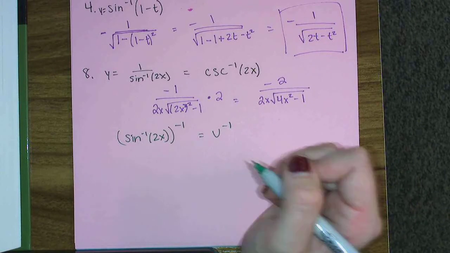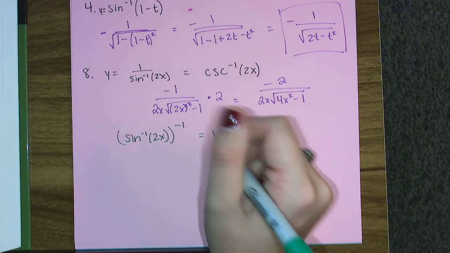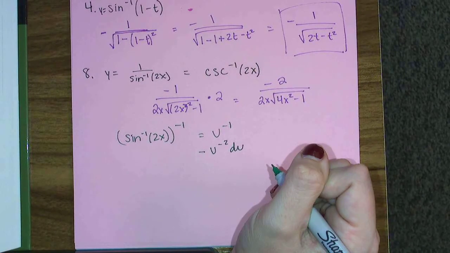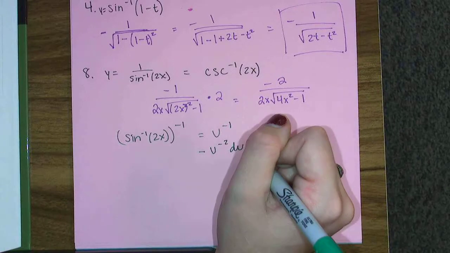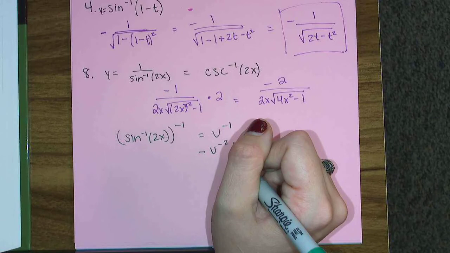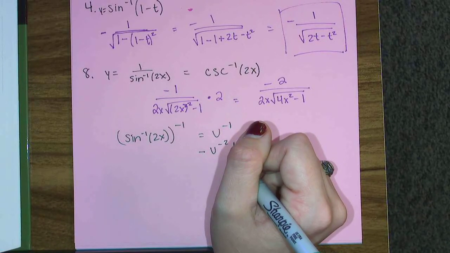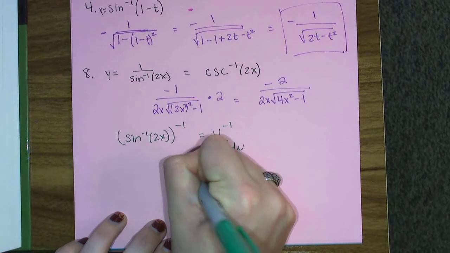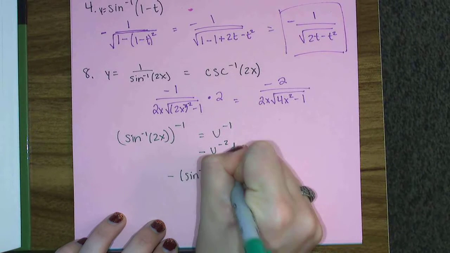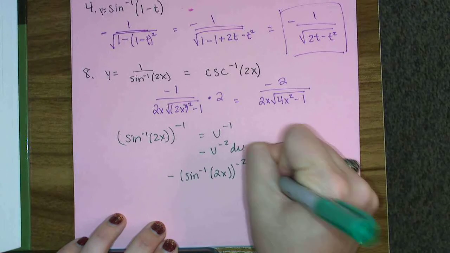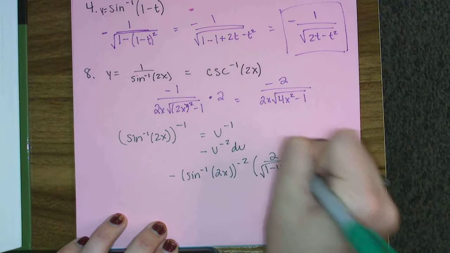So then they say take the derivative of this, which would give you minus u to the negative 2 du. And then they're saying to use that and plug it in. So basically you get negative sine inverse of 2x to the negative 2 times 2 over the square root of 1 minus 4x squared.